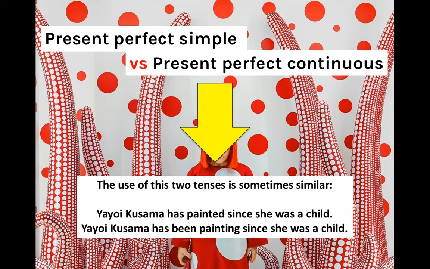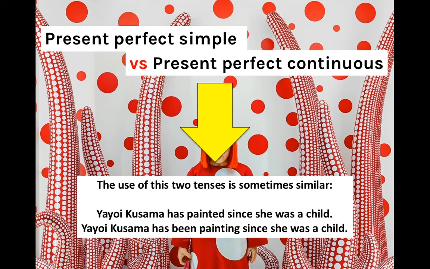Because we're talking about a sentence that has a very long duration. That means that you can either use the present perfect simple, has painted, or the present perfect continuous, she has been painting. So there are some examples in which the present perfect simple is very similar to the present perfect continuous.